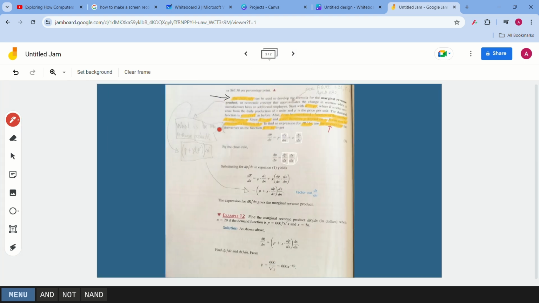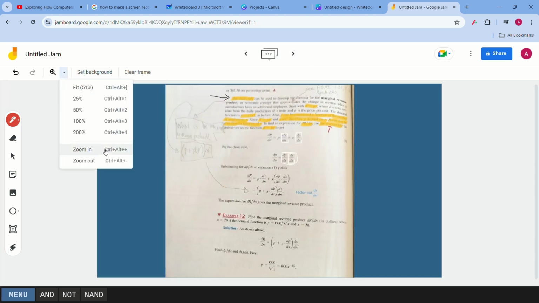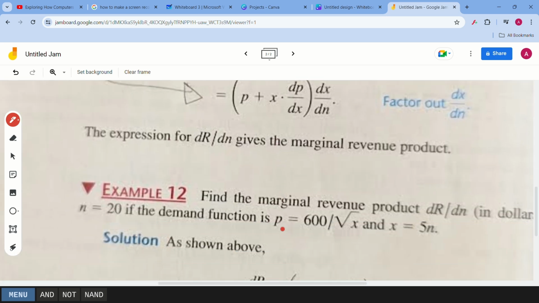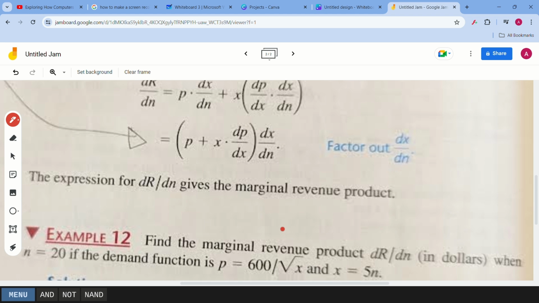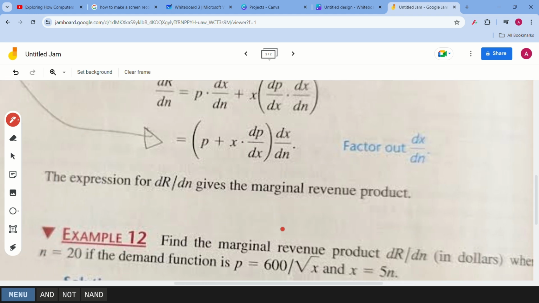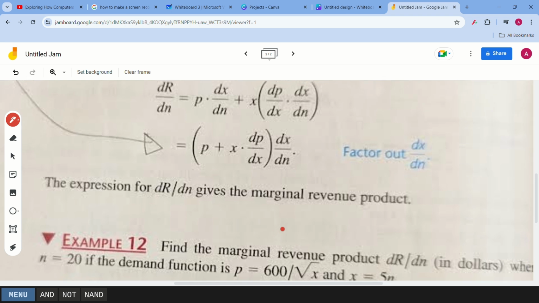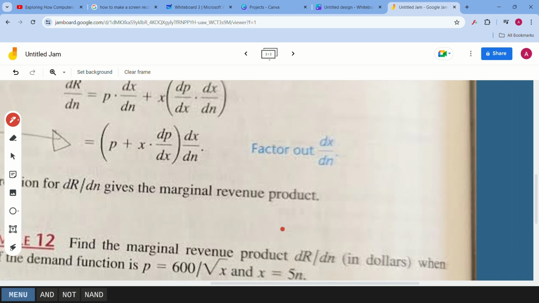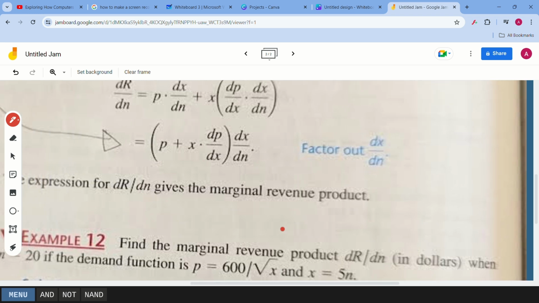Okay, so find the marginal revenue product, dr over dn, in dollars when n equals 20, if the demand function is p equals 600 over root x and x equals 5n.